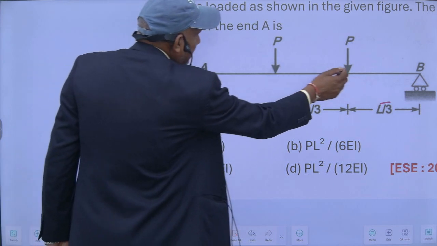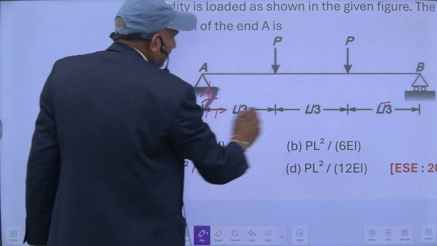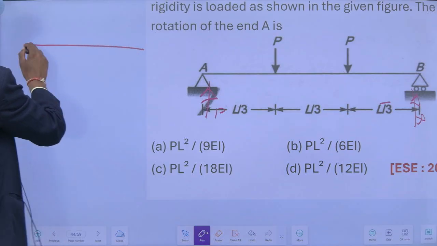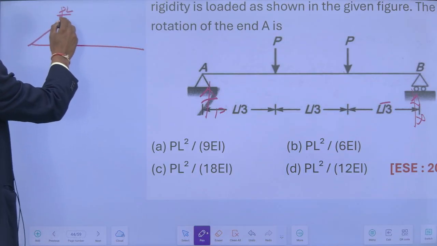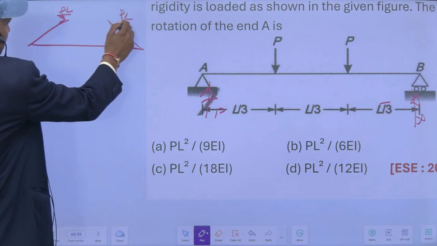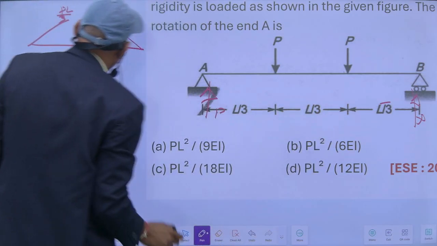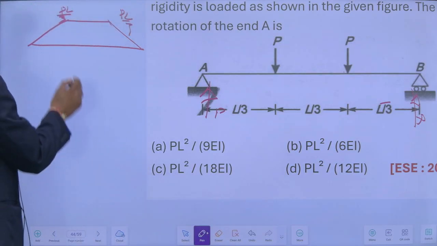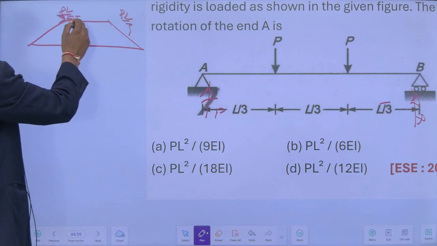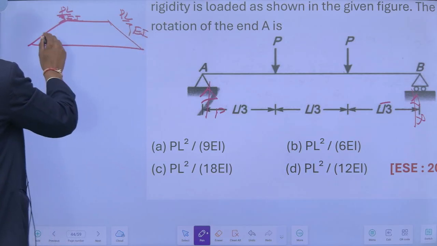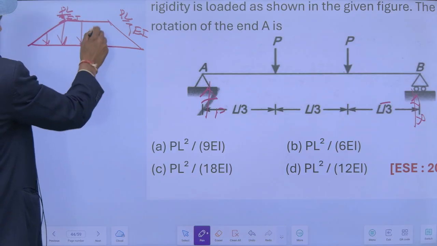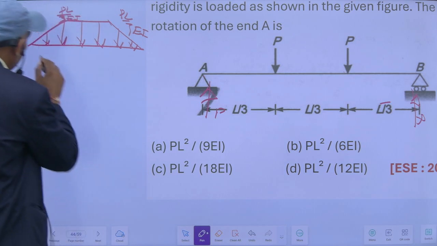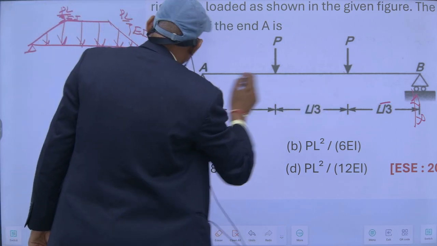The reactions are the same, this is symmetrical, so it will be P and this will be P. So my bending moment will be like this, PL by 3, and this will be sagging. If I divide it by EI, then it will become my conjugate beam, and this hinge will remain hinge and this roller will remain roller.